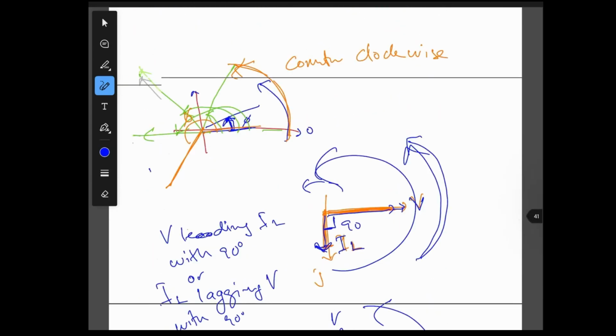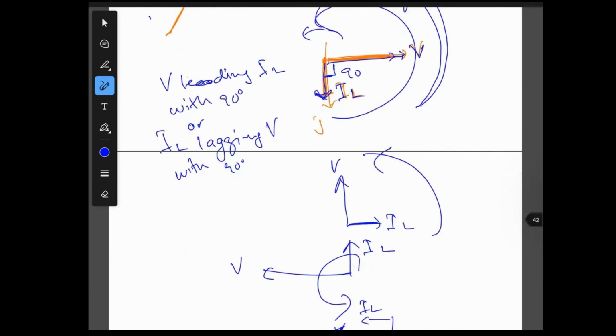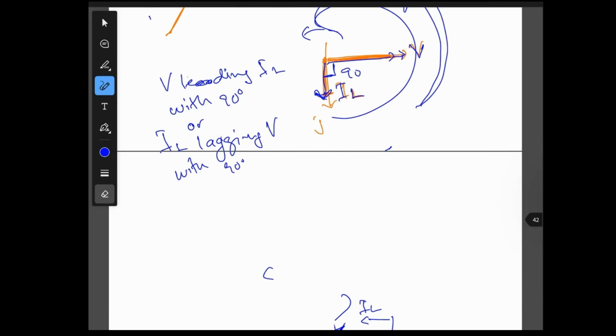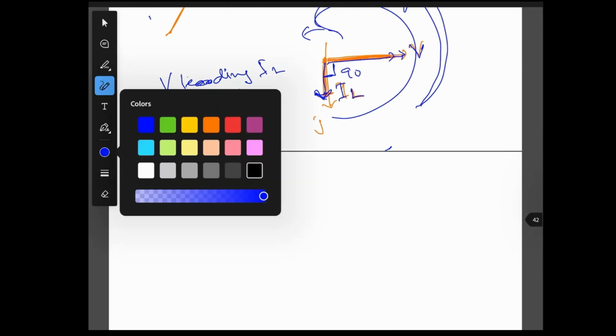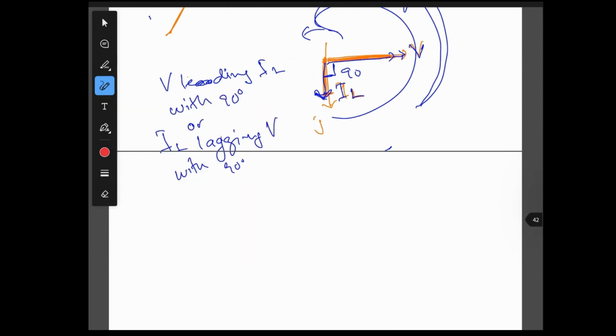Okay, now when we refer to IC, this V is maintained at the real axis.